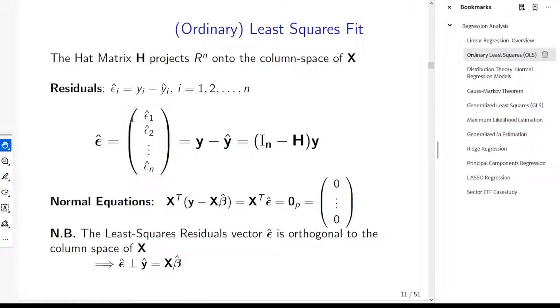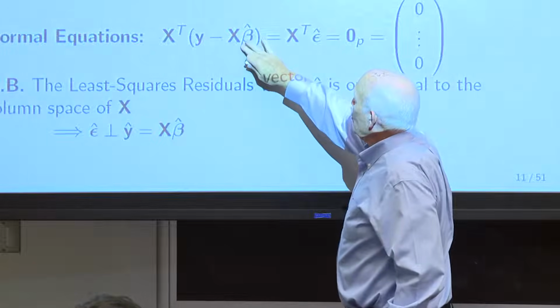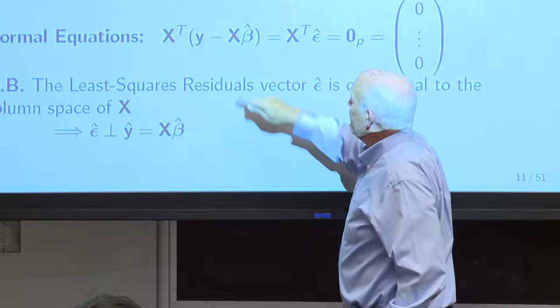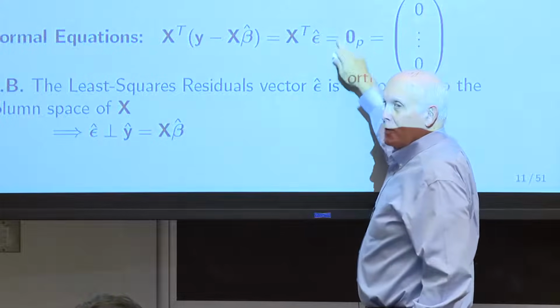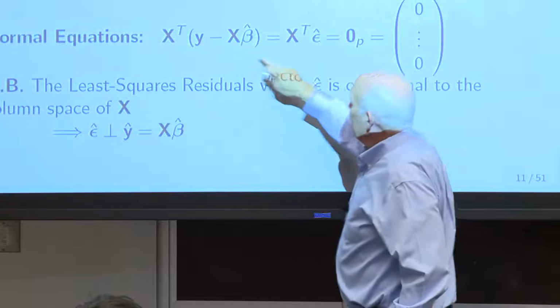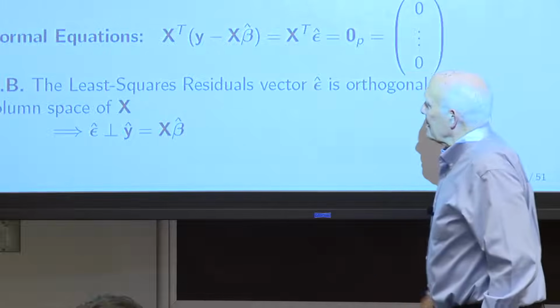And a very important property of this residual vector is that it is orthogonal to the fitted value. So in the normal equations, we have this equation must equal 0. This term here is the residual vector.